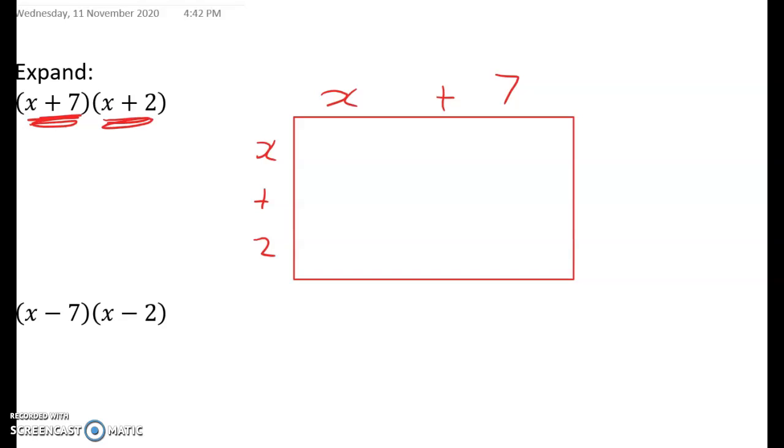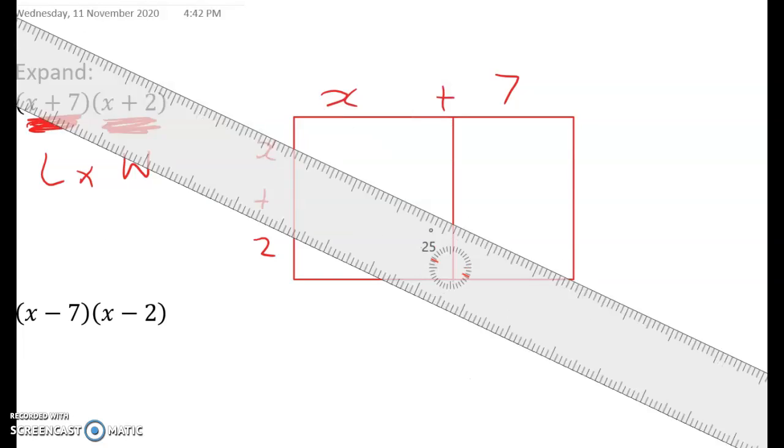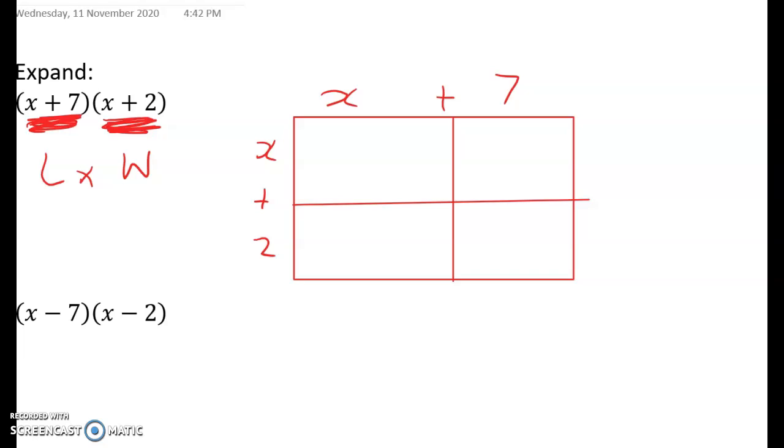And to find this times this, it's the same as thinking about the area of a paddock as the length times the width. So when you look at this, I could split this up into 4 simpler problems that I already know how to do. So if we grab the ruler, we can divide this up into 4 little rectangles with some simple algebraic stuff.